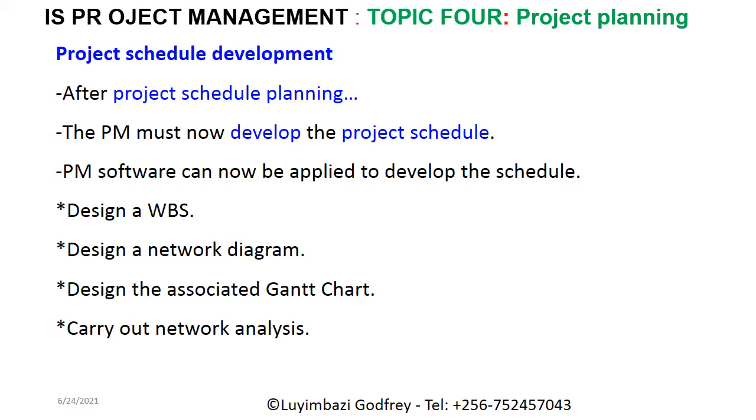Now, after we have finished going through our network diagram, we again have to design the associated Gantt chart. The Gantt chart was an invention by Henry Gantt, who was interested in the order of operations.